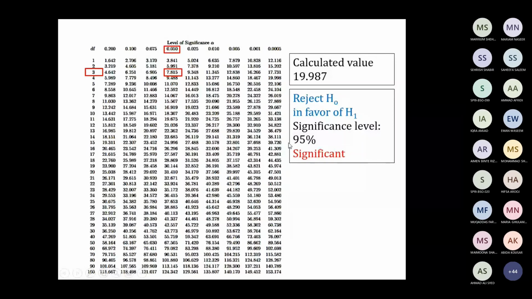Why? Because we found the difference between the observed and expected frequencies to be significant. We want to check further how significant this difference is. Is it significant only at the 95% level, or is it more highly significant?